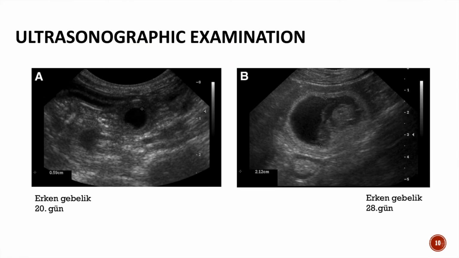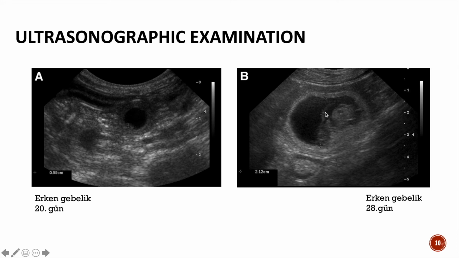The first day that you can perform an ultrasonographic examination is between the 30th and the 35th day. On the 30th or 35th day, you will see a gestational sac and the embryo inside. After that, you will see the baby getting bigger and the sac getting elongated.